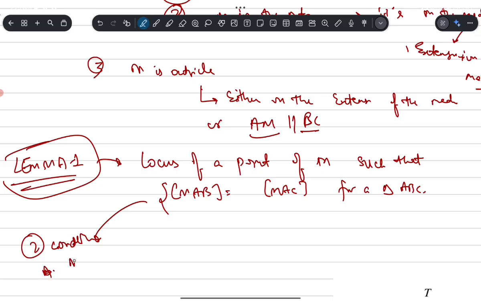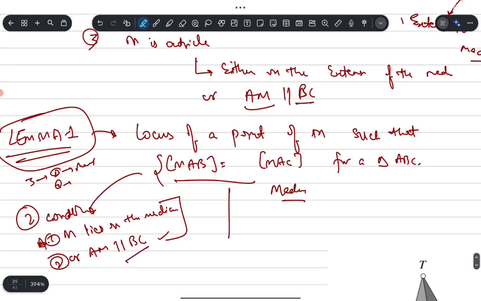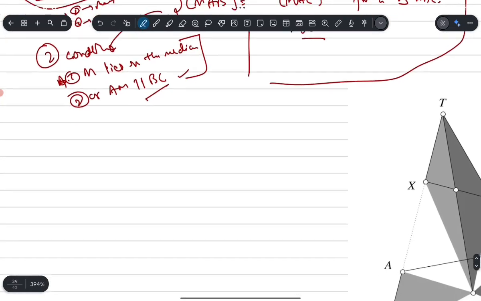Let me say M lies on the median, or AM is parallel to BC. In all the three cases, the first two cases we concluded the median thing. For the third, we got this new thing. So in all, we have two conditions for this to happen. So the locus would be the median here, and this one more condition. Okay, so note this down. Okay, don't note this down. You'll be getting it in the notes anyway.